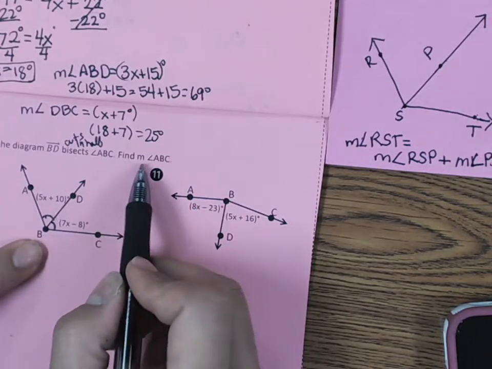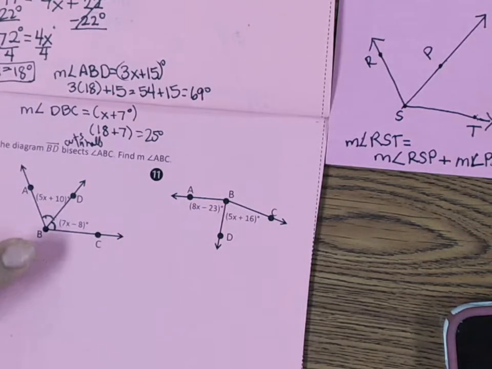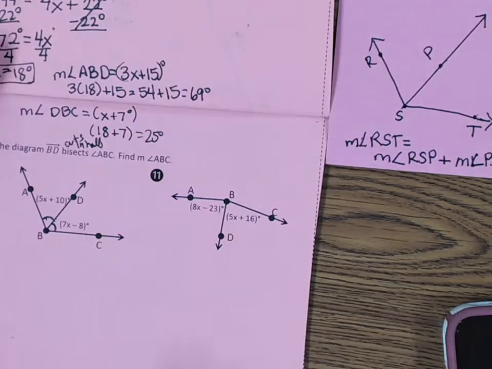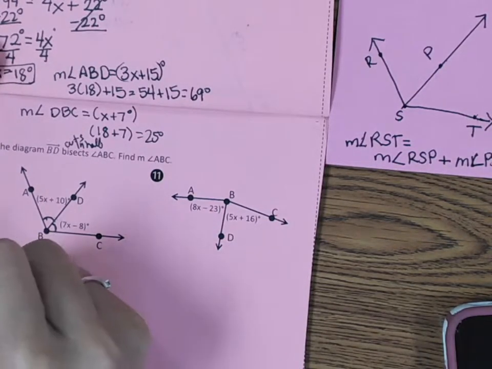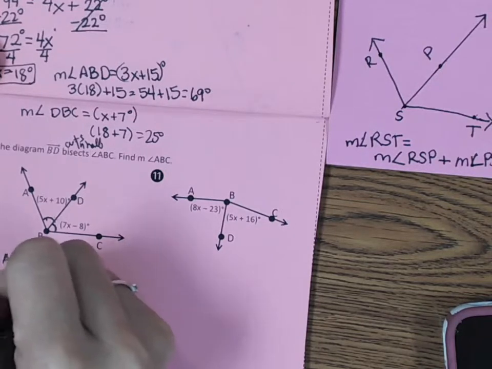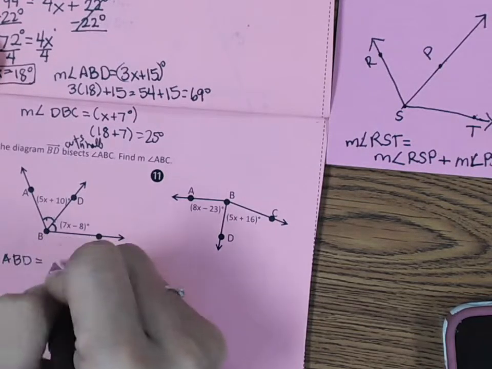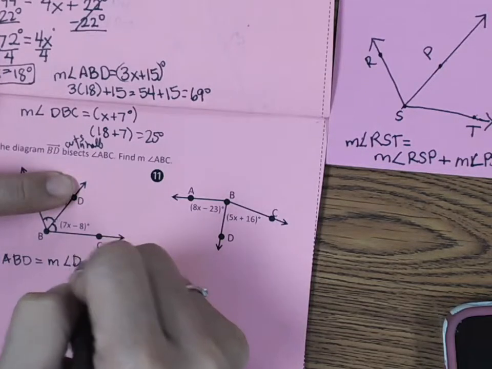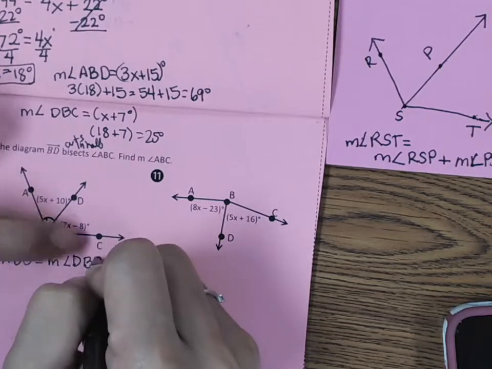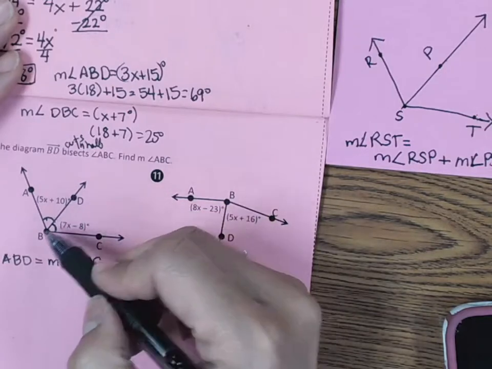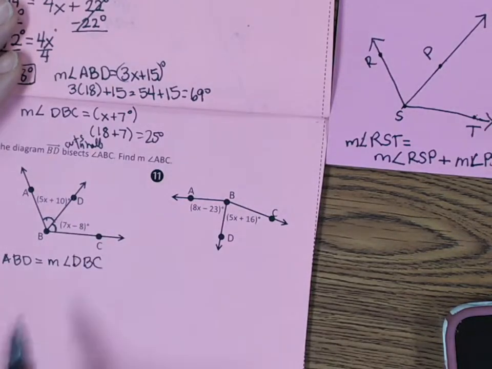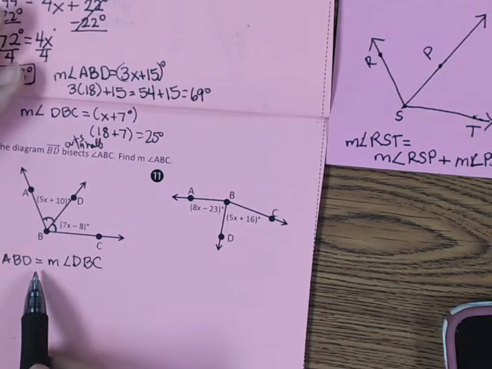And you find the measure of angle ABC. So, I know that the measure of angle ABD equals the measure of angle DBC. Okay, because this bisects it, they are equal or congruent.